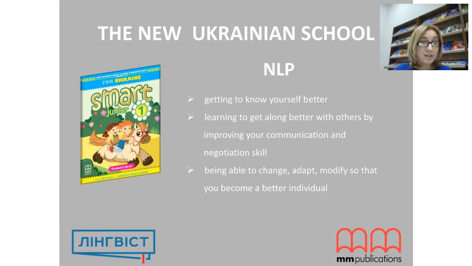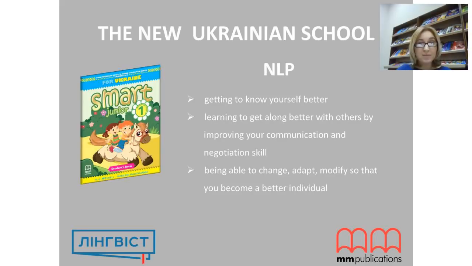And again, we're also happy to be part of the New Ukrainian School project. You know that the New Ukrainian School will start next year, and especially for this, some of the schools have trial testing.